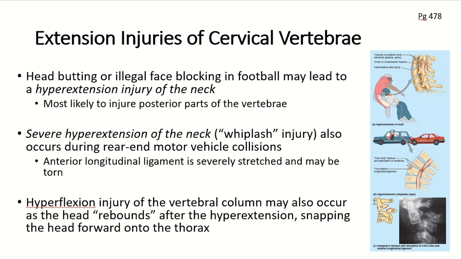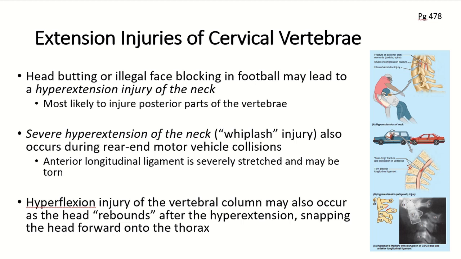Now, what you're more likely to get, depending, is going to be an extension injury of the cervical vertebrae. If we look at this, we can see that headbutting or illegal face blocking in football may result in a hyperextension injury of the neck. And this is most likely to injure posterior parts of the vertebra, because when you get hit, the head goes backwards and those spinous processes can in fact contact one another and break.